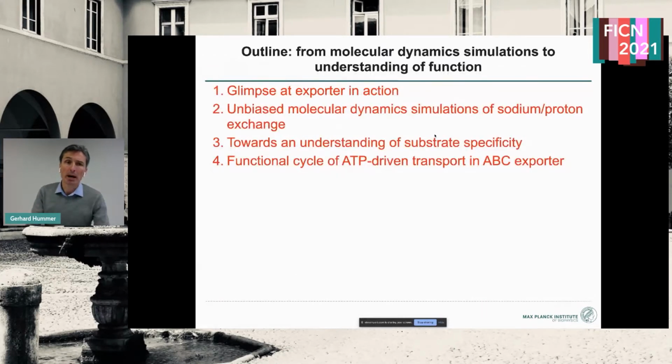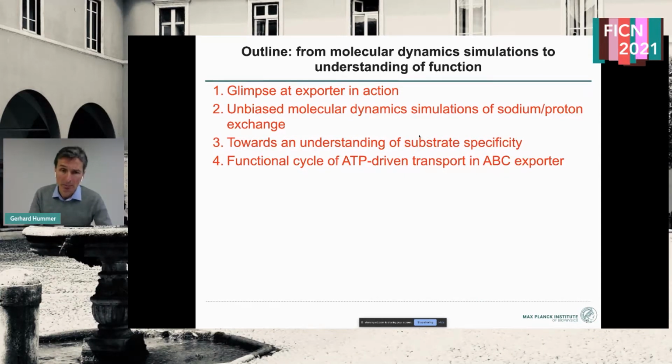So in my presentation today, I will be looking at molecular dynamics simulations as a tool to gain an understanding of the function of some of these transport mechanisms. And I will start out with just giving you a glimpse at an exporter in action using quite standard default MD simulations, albeit with quite a bit of effort in setting up the unique chemistry of an RKL system.